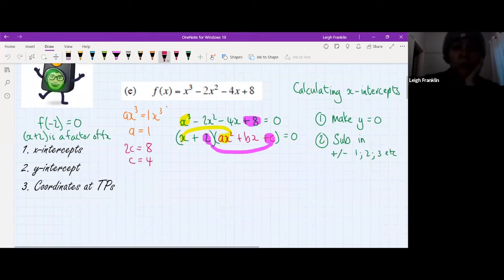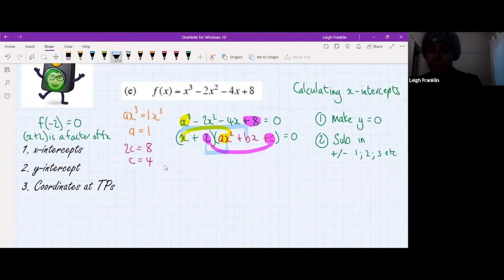So now this comes from more than one place, all right? When we work out b, we have to multiply this term with this one, so x with bx, and we also have to multiply 2 with ax squared. When we multiply x with bx, we get bx squared.